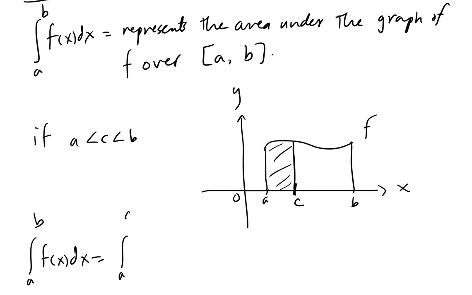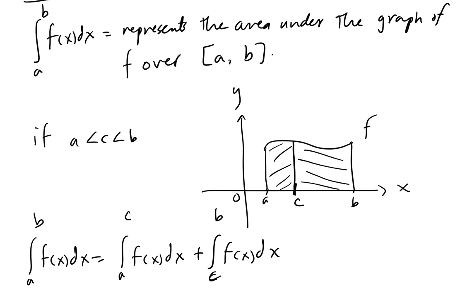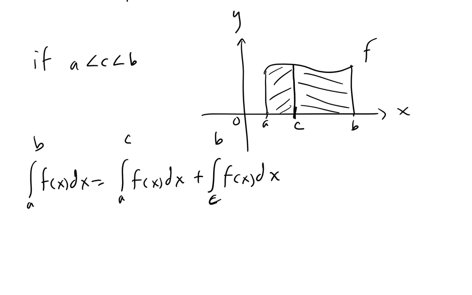So basically find the area under the curve from a to c plus the area under the curve from c to b. So it's kind of like split from a to c. Whatever this ends up with, the next one starts with, even if there's no figure.